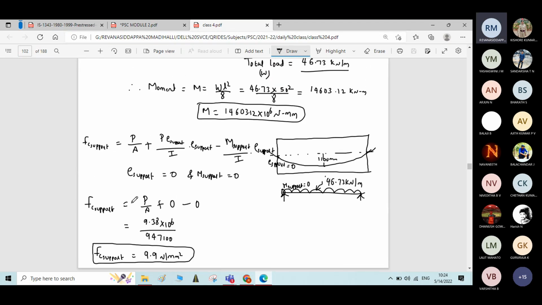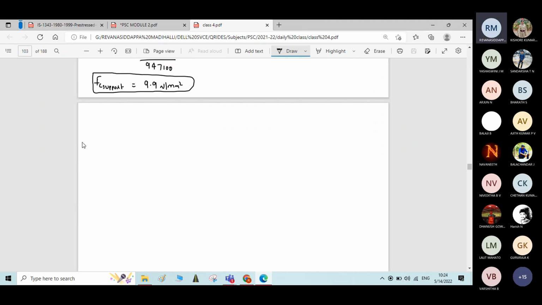In the same way, we need to calculate stress in the concrete at the level of steel at midspan.